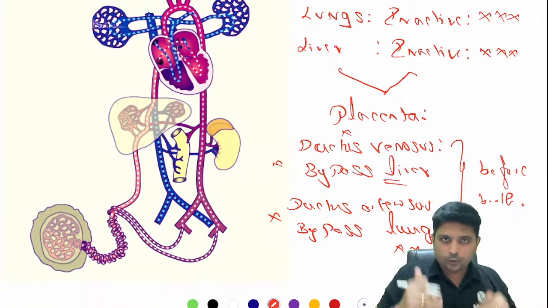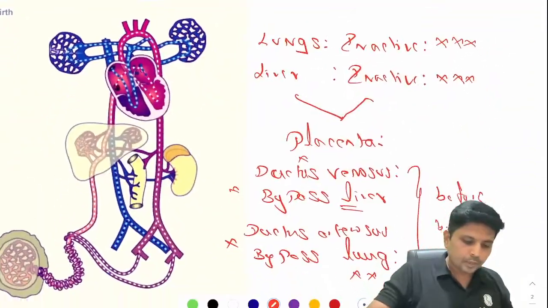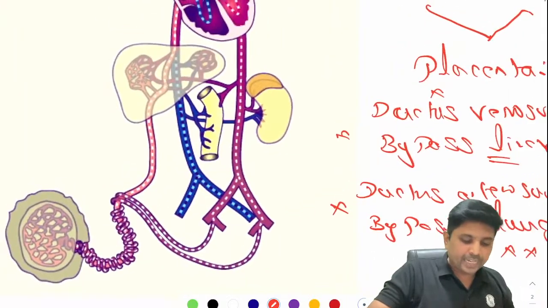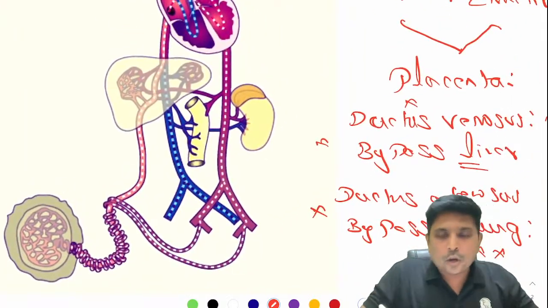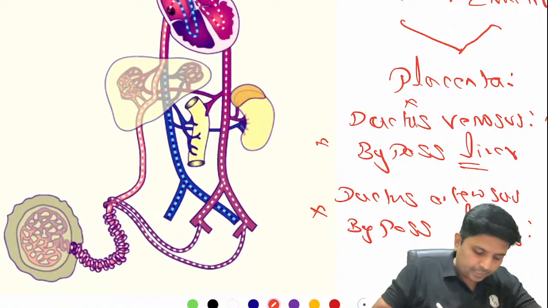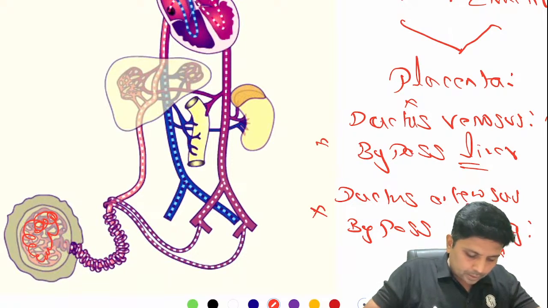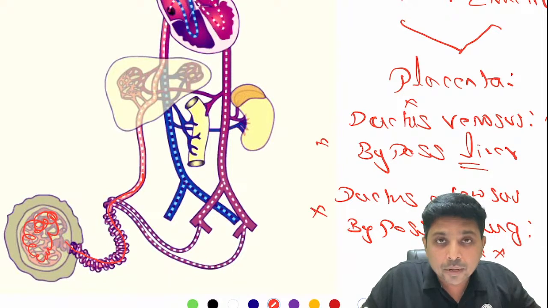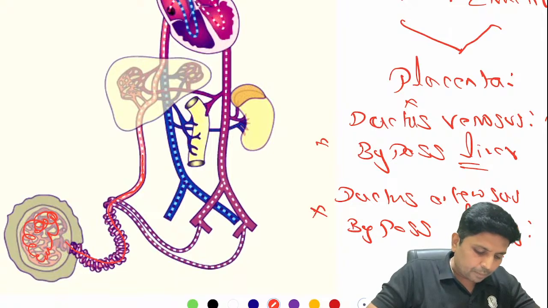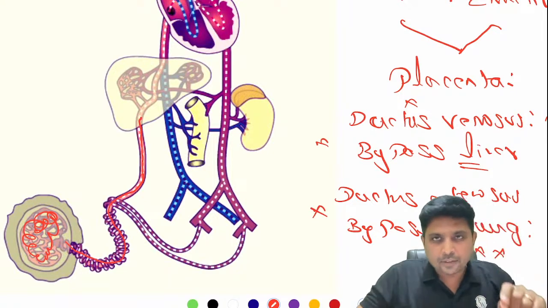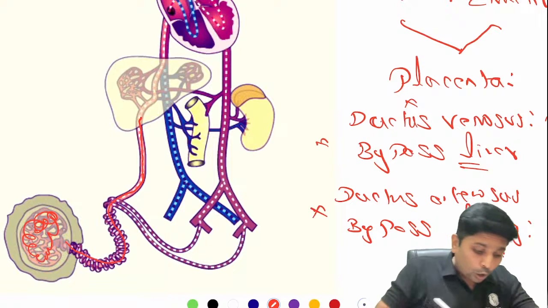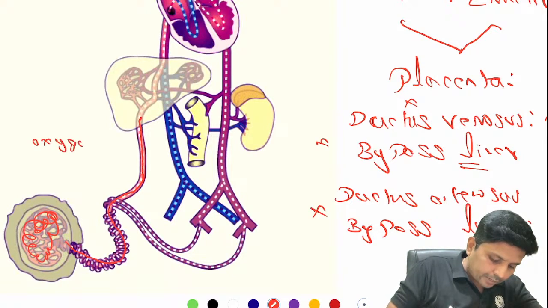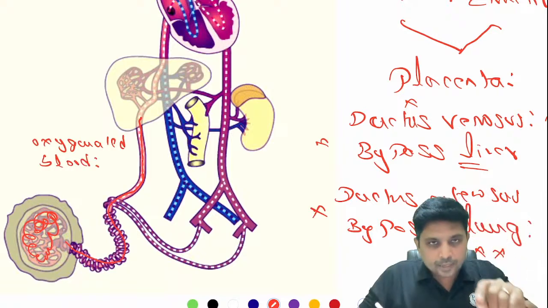Now let's go to the circulation. So follow me carefully. The oxygenated blood from the placenta comes out through the umbilical vein. Umbilical vein carries oxygenated blood from the placenta.